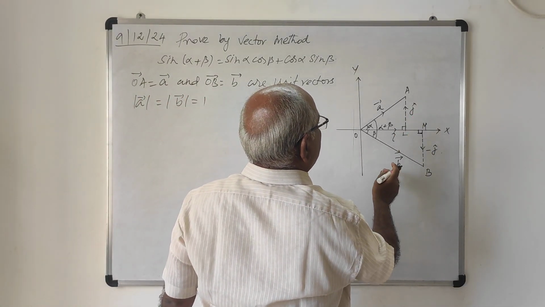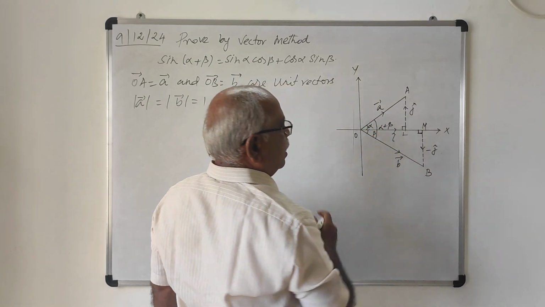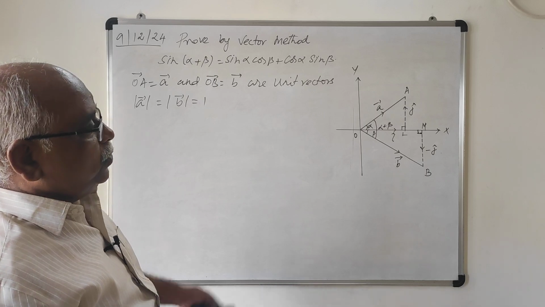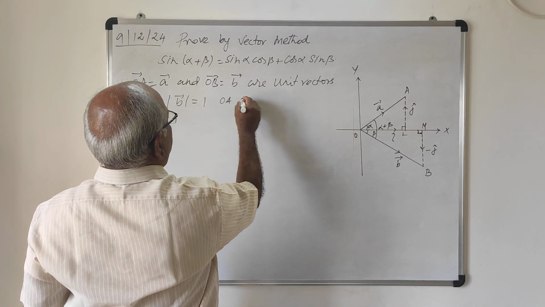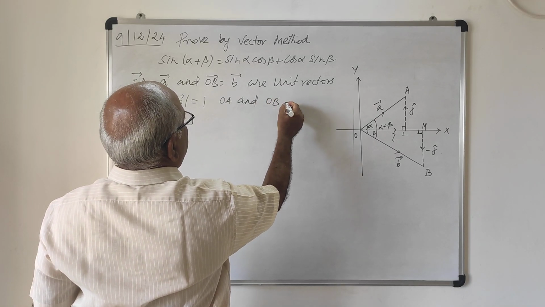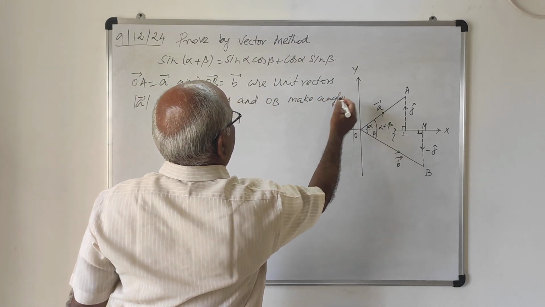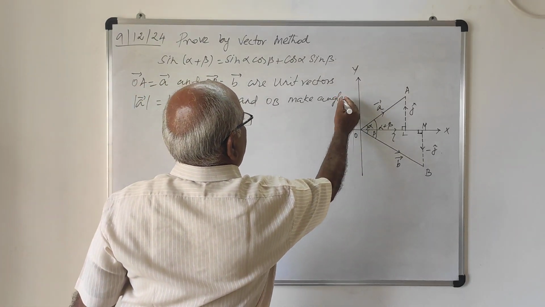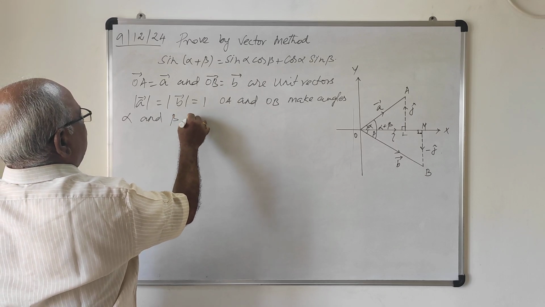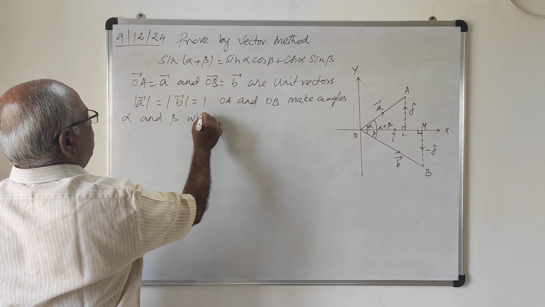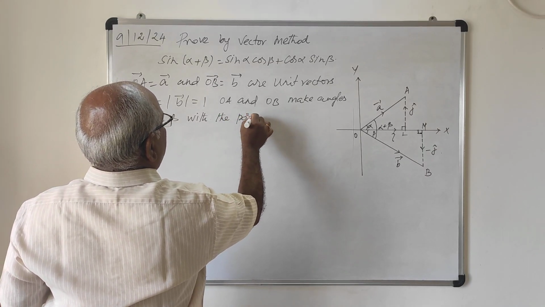OA and OB make angles alpha and beta with the positive direction of x-axis.